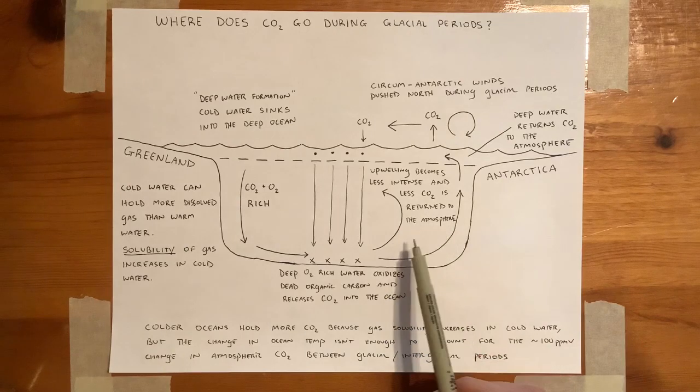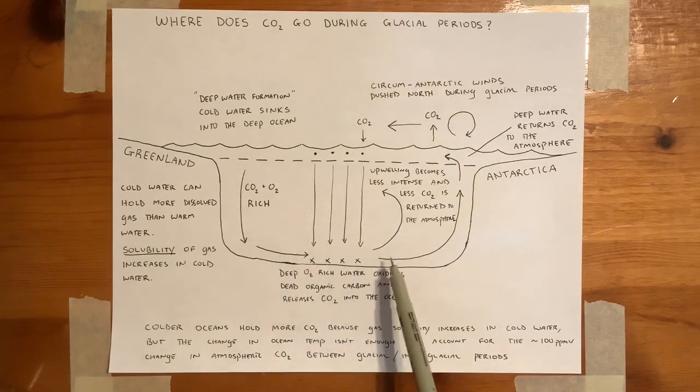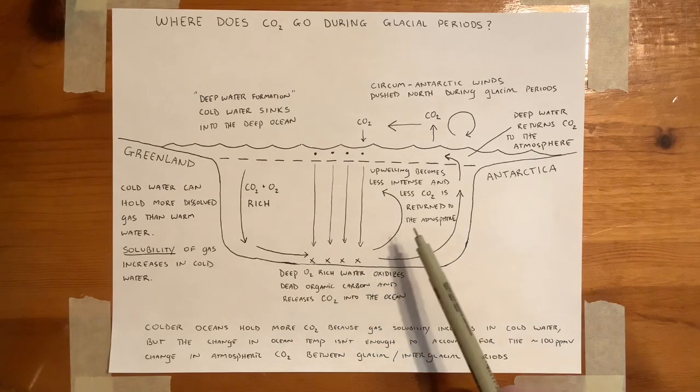So less CO2 is returned to the atmosphere, more CO2 ends up being stored in the deep ocean during glacial periods. So that's what happens.